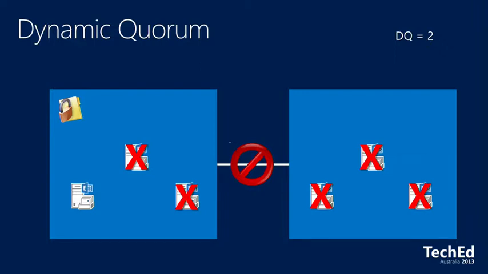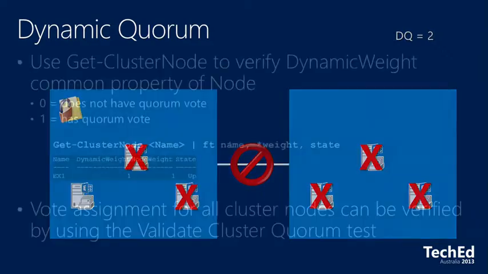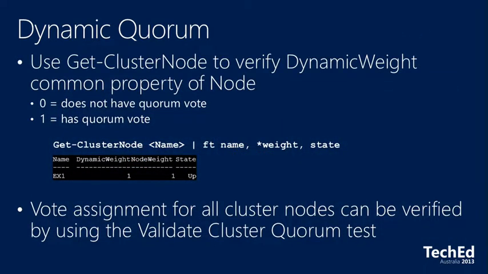The cluster chooses that randomly on its own. So you'll want to use the commandlet before you shut down a machine. In this case, you would only want to shut down the machine whose vote is 0. Because if you shut down a machine that had the 1 vote, then that last standing machine now has a vote of 0, and it doesn't have any votes at all, and so it will come down and not be a last man standing. So keep that in mind as well.